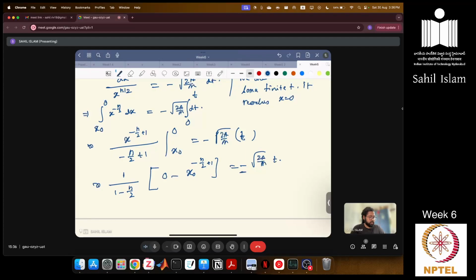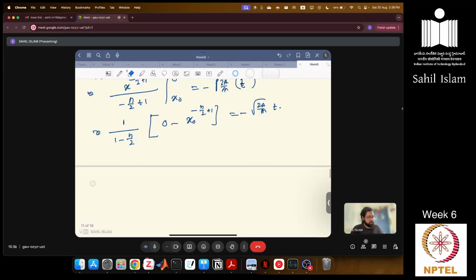So this minus sign and this minus sign get cancelled, so we get t equals root m by 2a times 1 by 1 minus n by 2 times x0 to the power 1 minus n by 2.